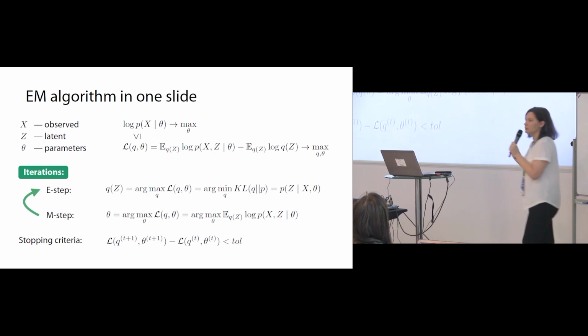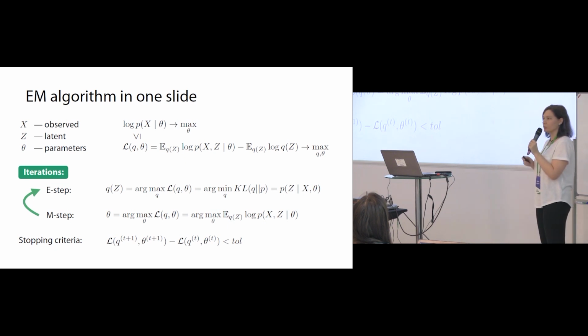We will optimize it in a block coordinate ascent manner. So we'll have an iterative procedure. On each iteration, we'll have two steps, the expectation step and the maximization step. On the expectation step, you fix your parameters theta, and you optimize your lower bound with respect to the variational distribution Q. And on the maximization step, you fix your variational distribution Q and optimize your lower bound with respect to parameters theta.